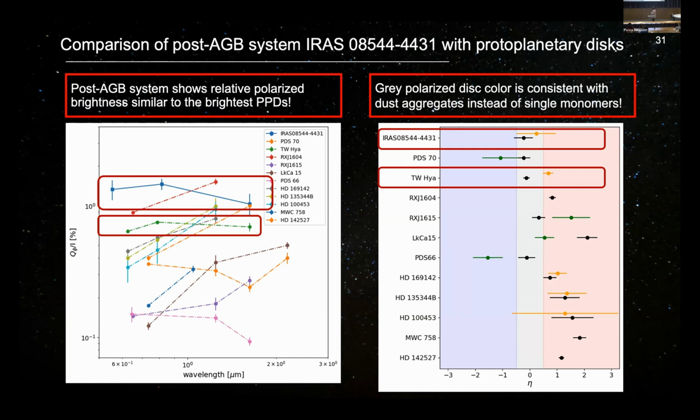And when it's larger than 0.5, it's red. So for our system, we found the polarimetric color of the circumbinary disk to be grayish, which is quite typical for protoplanetary disks as well, and is consistent with dust aggregates instead of single monomers producing this scattering and polarization.